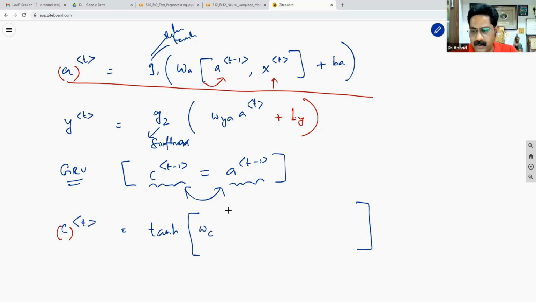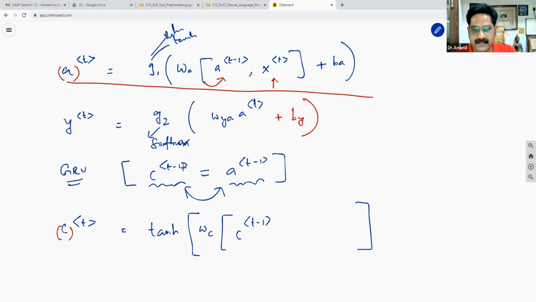Your logic is not changing. Please understand, I'm only changing the notations. At only one place, they were intelligently playing around with the equation in the form of gates. So this W C is followed by, in the gated recurrent unit, your previous memory state. In a regular RNN, it is indicated as A T minus 1, whereas in the GRU, it is indicated by C T minus 1.